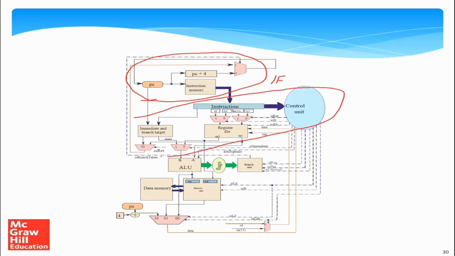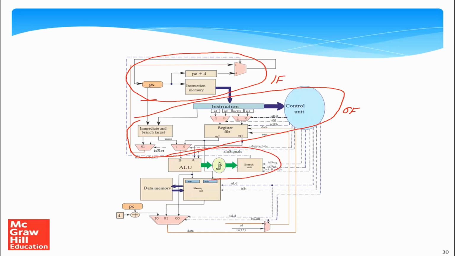This part is the OF unit, along with the control part, where the control unit is thought of as a black box which generates all of these signals to control all the multiplexers. You see all the multiplexers are controlled by these dotted lines generated by the control unit.